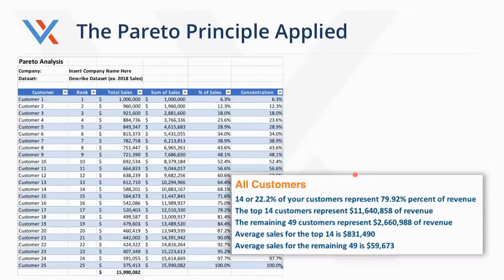I've seen much more significant skewing. We have several companies that we work with that have thousands of customers, and we're finding that it may be as little as 10% of those thousands of customers representing 80% of their revenue. We'll see everything from as low as 5 to 7%, on up to 25%. I've never seen anybody test out against this principle at higher than 25%.